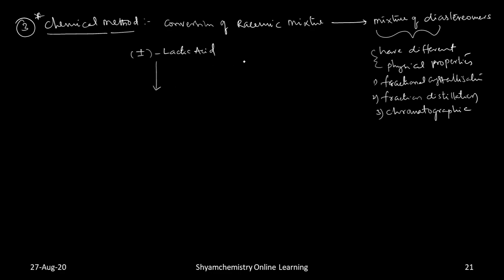If it is an acid, add a base; if it is a base, add an acid, which is optically pure, meaning only a pure enantiomer, either plus or minus.